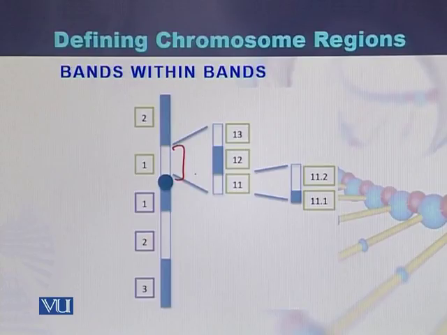So this band consists of 3 sub-bands, 1.1, 1.2 and 1.3. But again, when we magnify this band, we will come to know that there are 2 sub-bands, 1.1 and 1.2. This band is 1.2 and this band is 1.1.